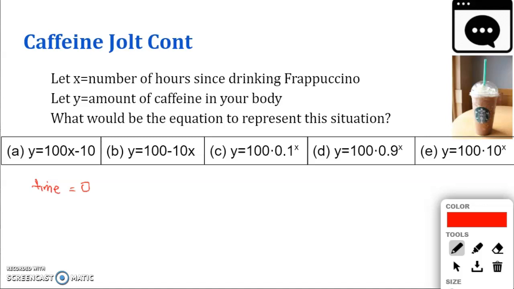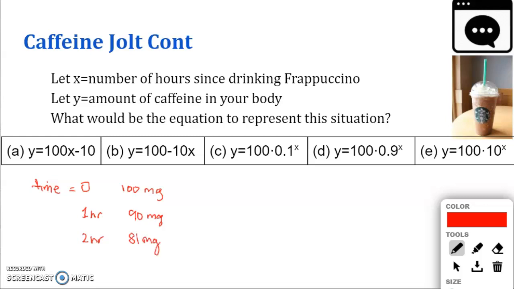The initial value was 100 milligrams of caffeine. After time is equal to 1, after 1 hour, we had 90 milligrams, and after 2 hours, we had 81 milligrams. That's what we figured out from the previous slide.